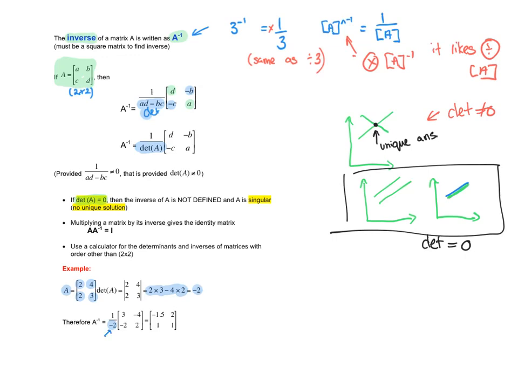Now we got told to swap these two numbers, and we got told to make these ones negative, and we've done that. Then you would just times out. So 3 times -1/2 gives -1.5, and you can do that on your calculator if you're not confident, and then you get 2, 1, and 1. So that would be finding the inverse manually.